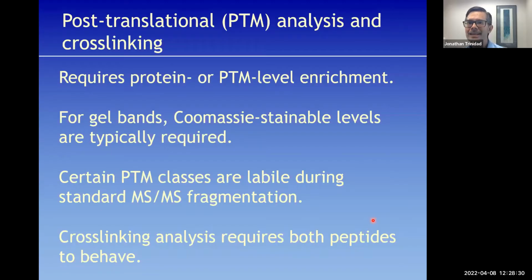If that's the case, then the parameters that are really important aren't so much our ability to enrich a given PTM, because they've really just given us a purified protein at that point. And the challenge is getting sufficient amounts of protein.